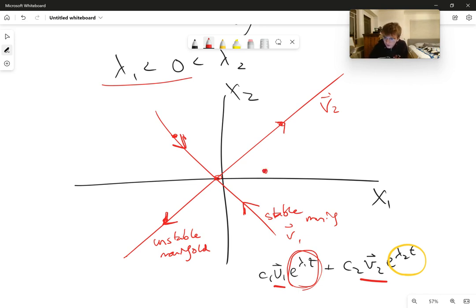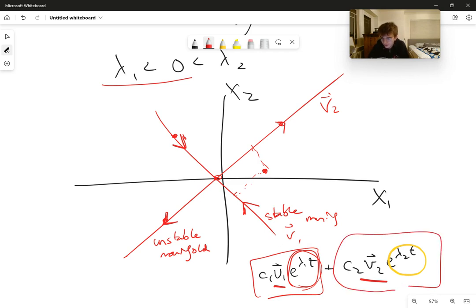To analyze this, we're again going to look at the projection of the initial data onto these lines. We can analyze the projection of any initial data onto these eigenvector lines and just view this as essentially having a component. The solution has a component along the line spanned by V1 and a component along the line spanned by V2.